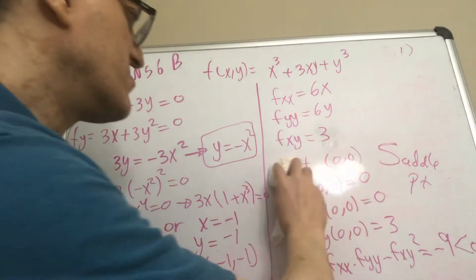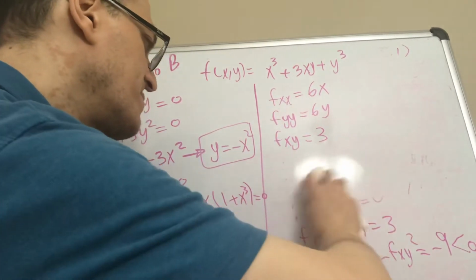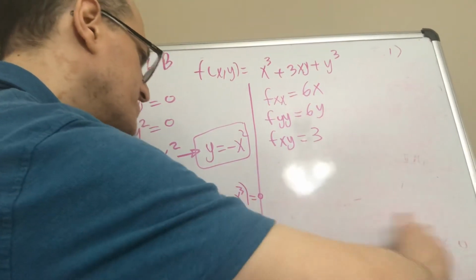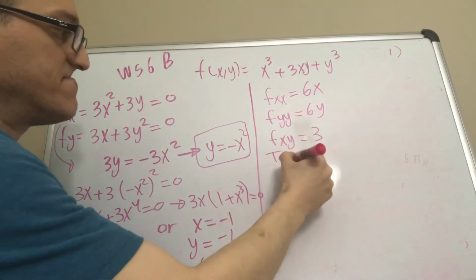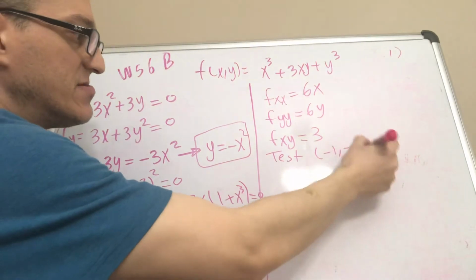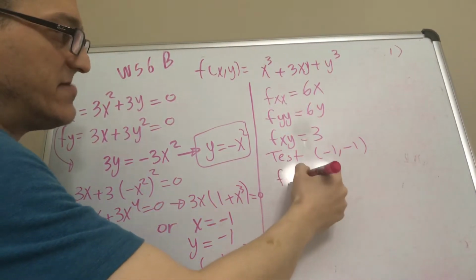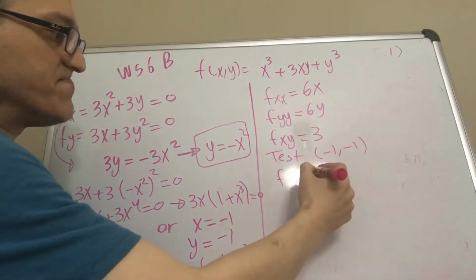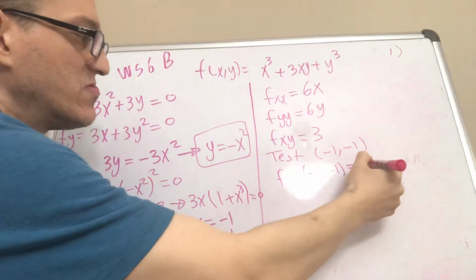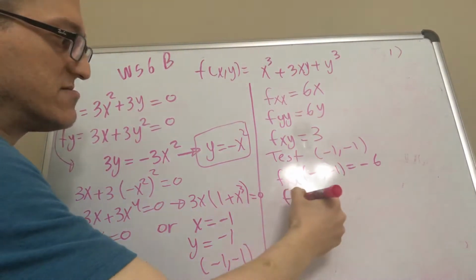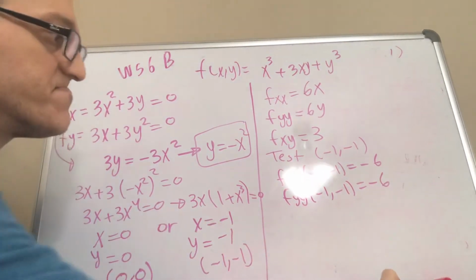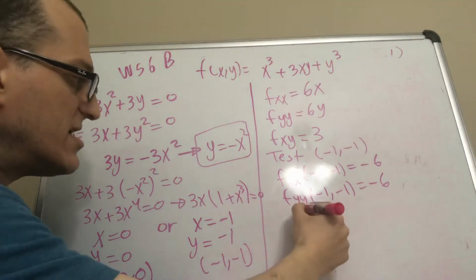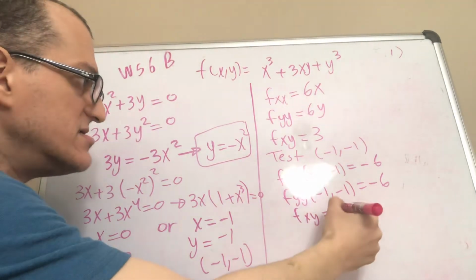We'll test the other one. Let's test negative 1, negative 1. fxx at negative 1, negative 1 will be negative 6x, negative 6. And fxy is 3.